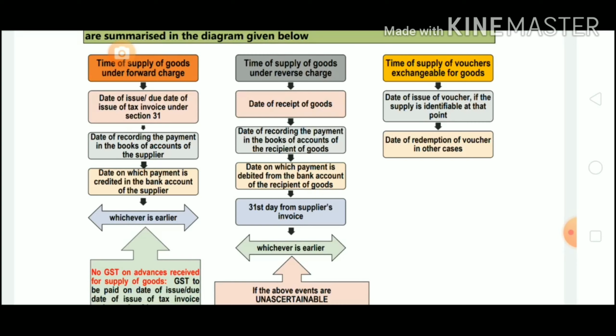And suppose it's given there, against this voucher coupon you can purchase pizza, or any specific food item is mentioned, like burger. So in that case, supply is identifiable at that point. No, sorry, I told it in reverse.